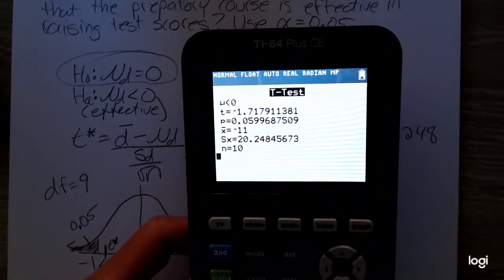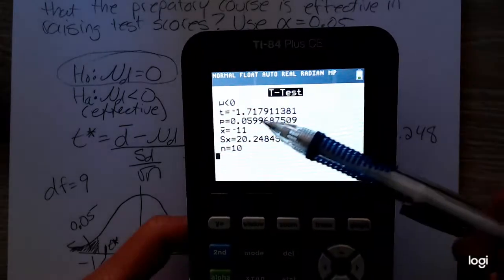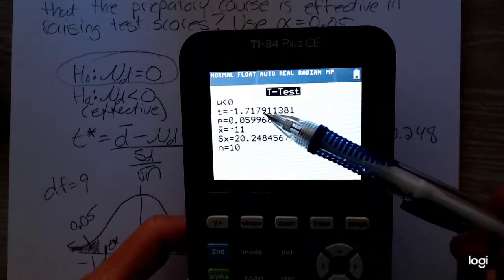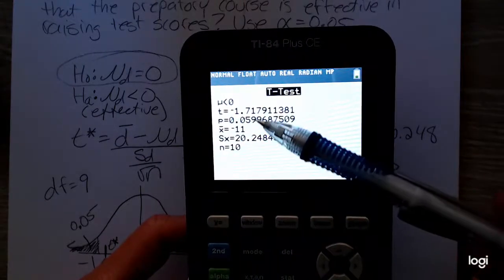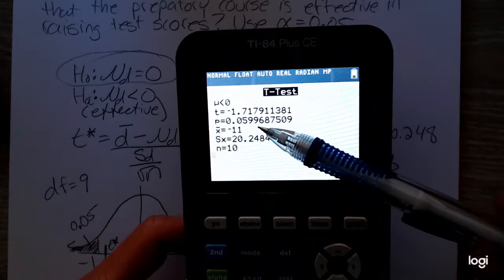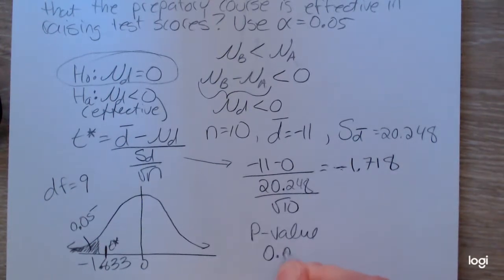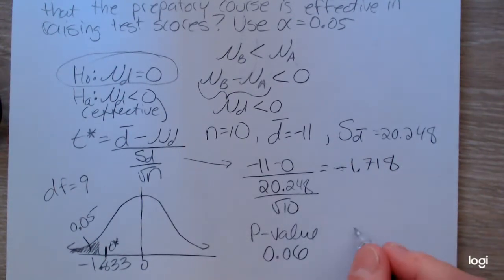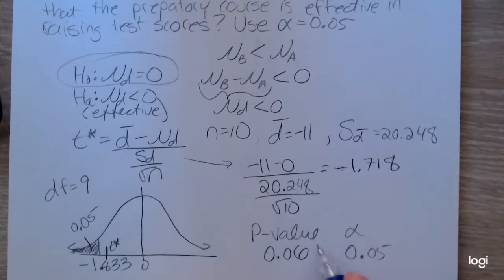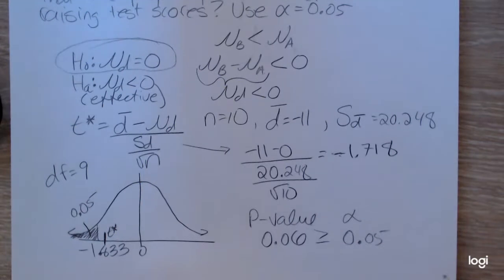And then calculate. You'll see that the standardized test statistic rounded to 3 decimal places is the same, and the corresponding p-value is about 0.06. So with a p-value of about 0.06 and my level of significance 0.05, the p-value is greater than or equal to that, so I know my decision at this level of significance is to fail to reject the null.